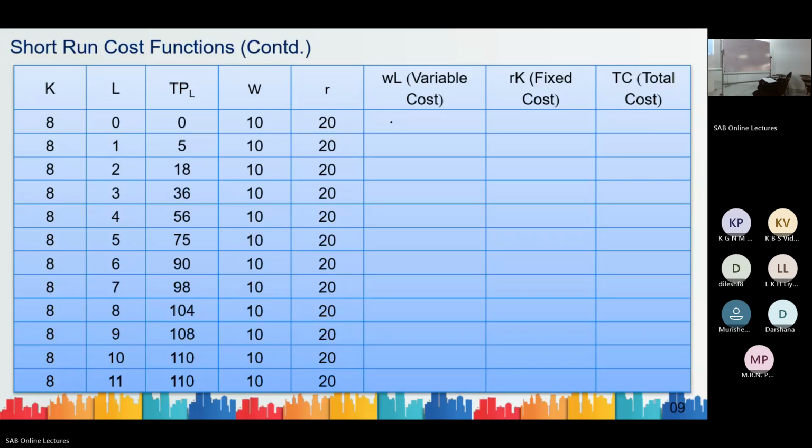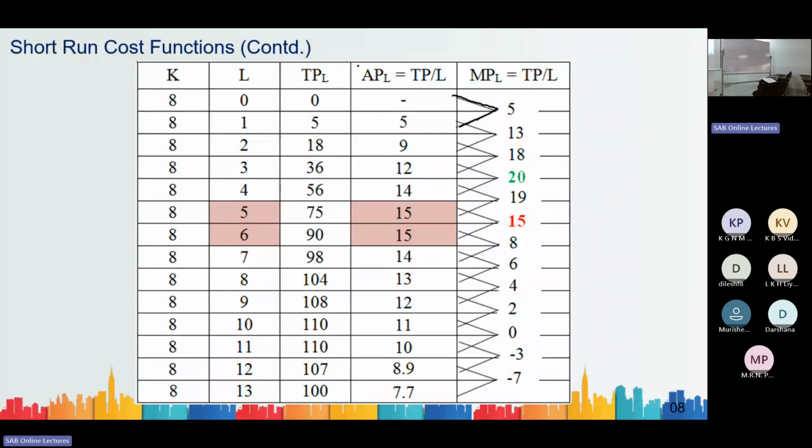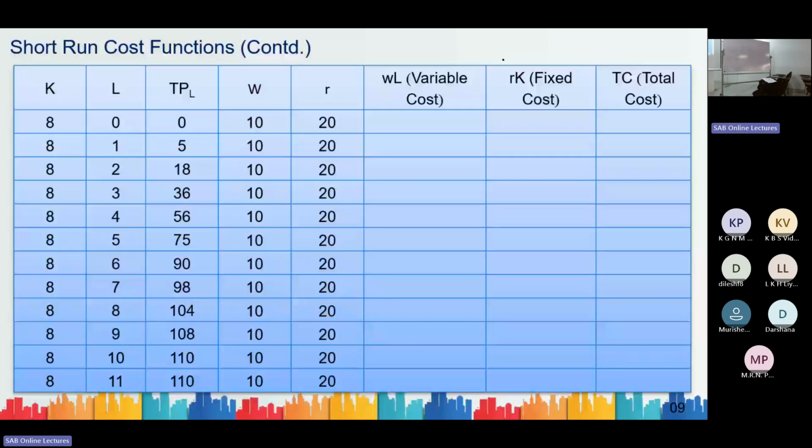Okay. Here we talk about the production concepts. Average product and marginal product are production concepts. And now we are going to calculate cost concepts.